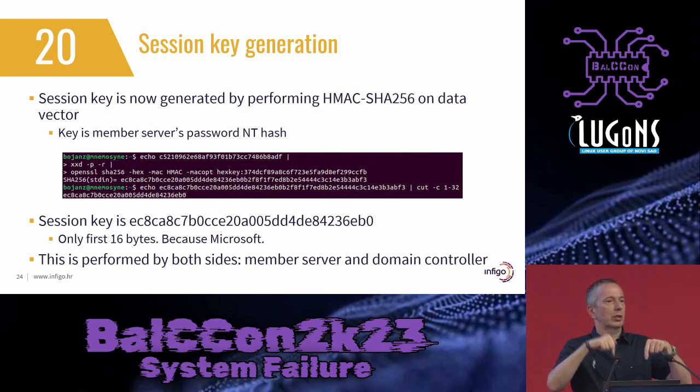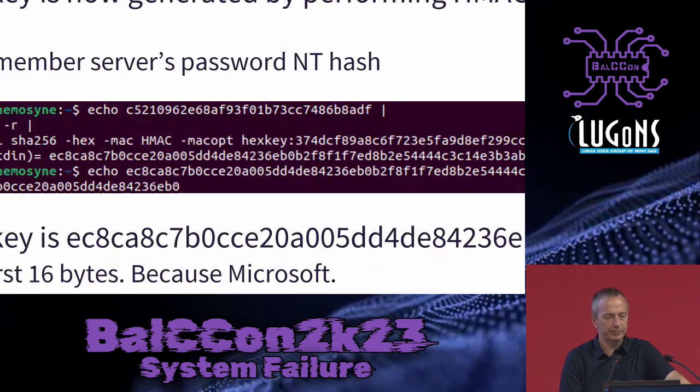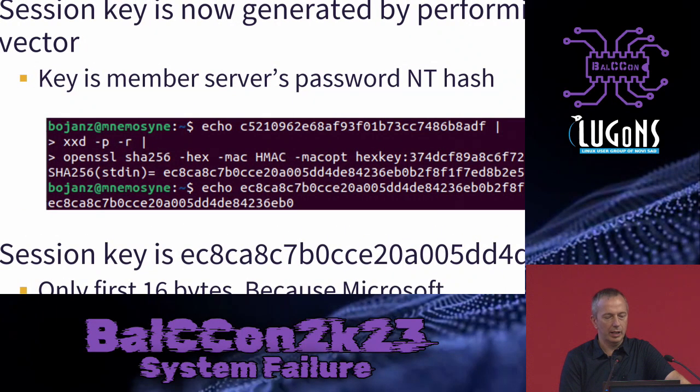Now, your member server knows its own password, of course, and the domain controller knows that member's password, well, the MD4 hash of it. So they do the following. They take the data vector over here. I just took the value.